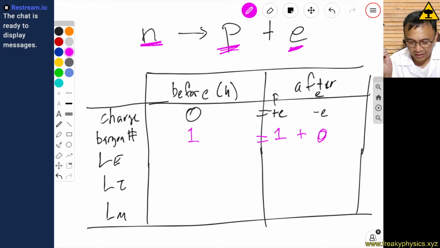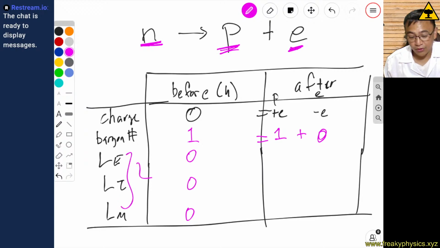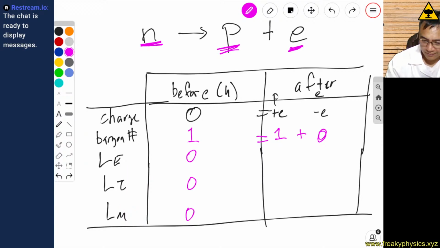So let's take a look at the lepton numbers. At the beginning, we can say these are all 0 for the neutron, because the neutron is a baryon. It's not a lepton. So all three lepton numbers would be 0. The shortcut here is you can just say L for all the leptons, but it would be safer to do it separately. Now, the proton's lepton number is 0. The electron's lepton number is 1.